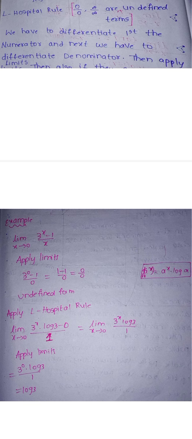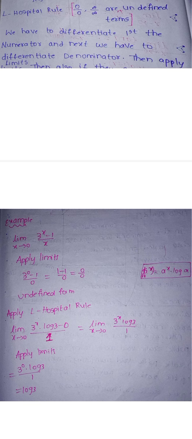After differentiating numerator and denominator, I got limit x tends to 0 of 3 power x log 3 by 1. After applying limits, x equals 0, we get 3 power 0 into log 3 by 1. Anything power 0 is 1, so 1 into log 3. This is the way we apply the L'Hospital rule.